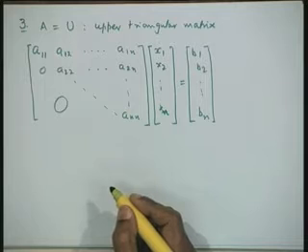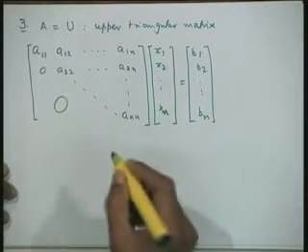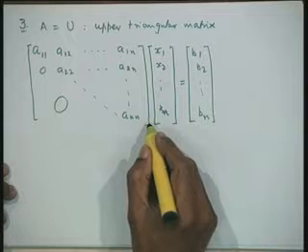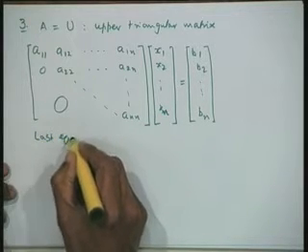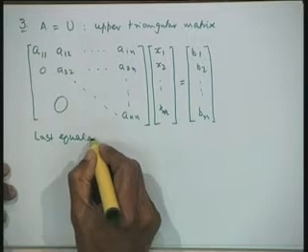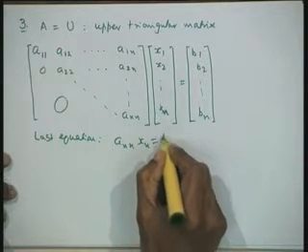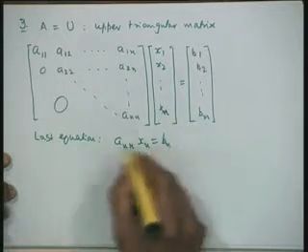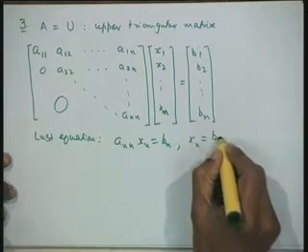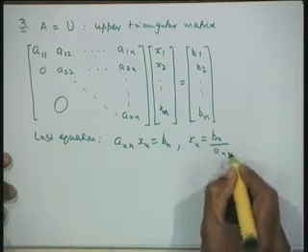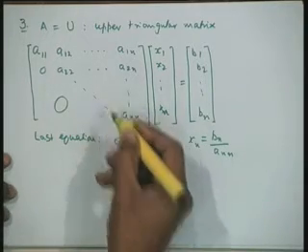Now, we can see that this system can also be solved in the same way, but we start from the last equation. If I take the last equation, it gives me ann xn is equal to bn. That means, I can solve the last equation for the variable xn, that is bn upon ann. Then I go backwards, and take the previous equation.